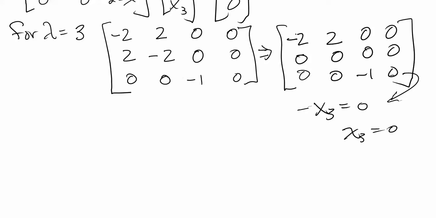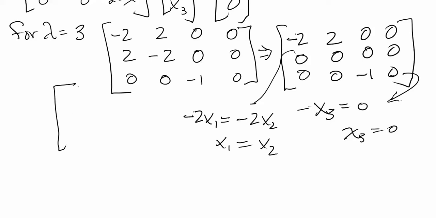And when we look at the first equation, we see that minus 2x1 is equal to minus 2x2, or x1 is equal to x2, and we have an eigenvector where x3 is 0, x2 is arbitrary, so we'll choose it as 1, and then x1 is going to be equal to whatever we chose for x2.